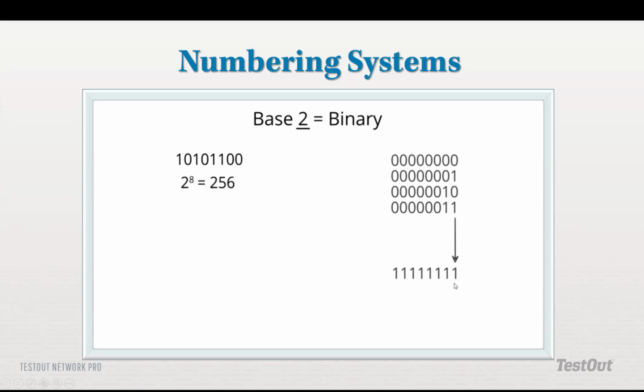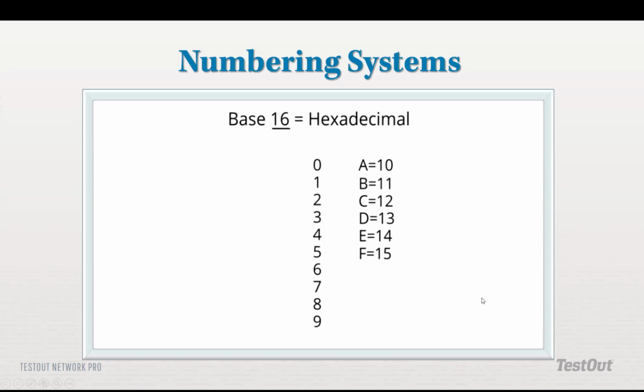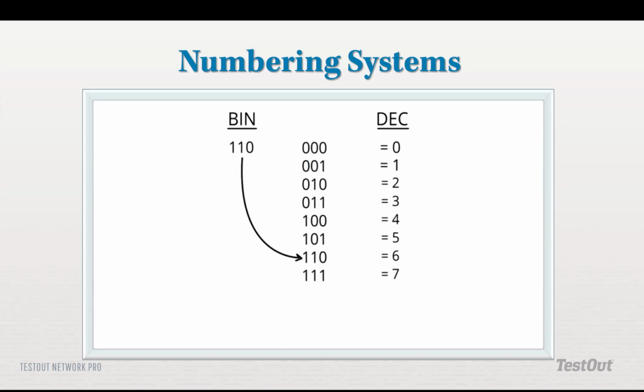Hexadecimal, again, is 0 to 15. I will probably do a session on how to convert hexadecimal to decimal and decimal to hexadecimal. It's not really as challenging as it seems. And then again, you have binary and its equivalent in decimal.